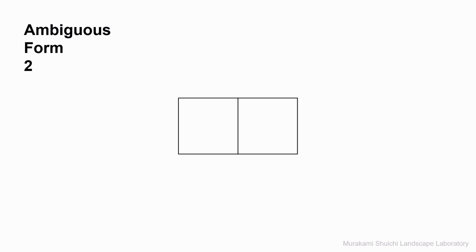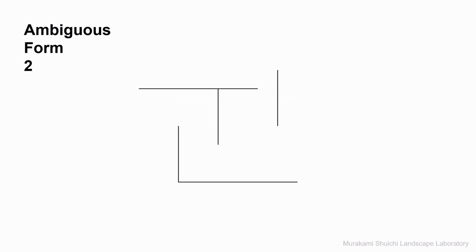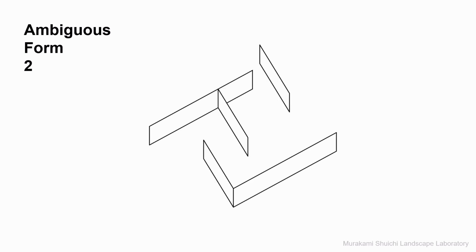Let's go further. Here is the same set of walls, but their positions have simply been shifted. The length and the orientation have not changed, only their relative placement has. As you can see, there are many gaps. Now let's draw this in axonometric view.